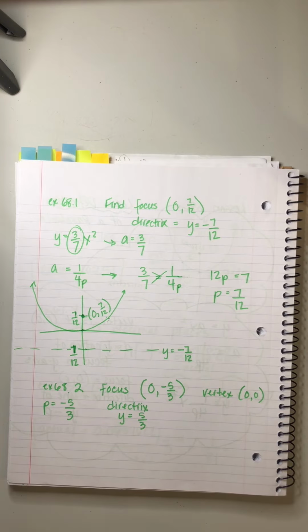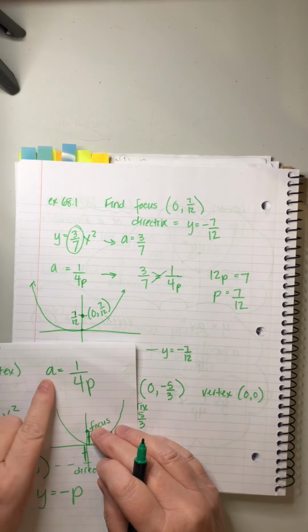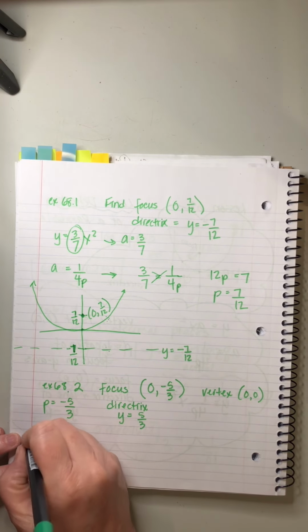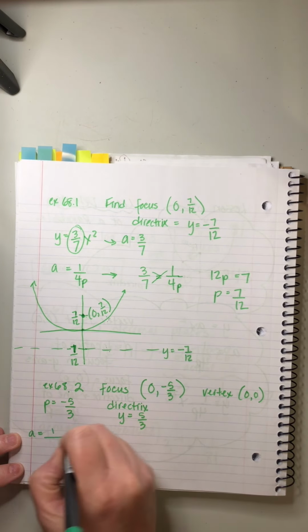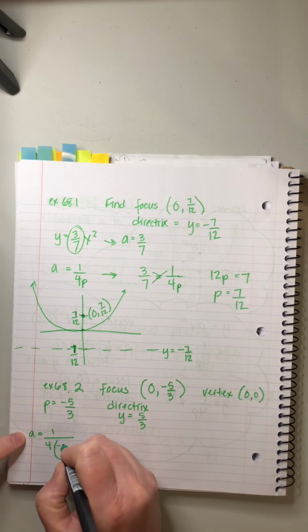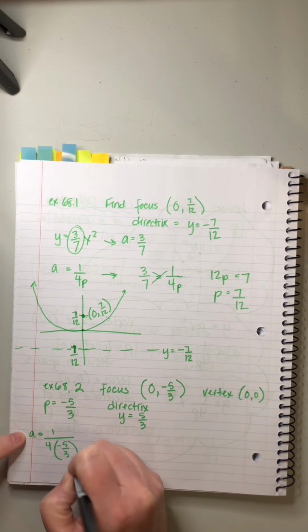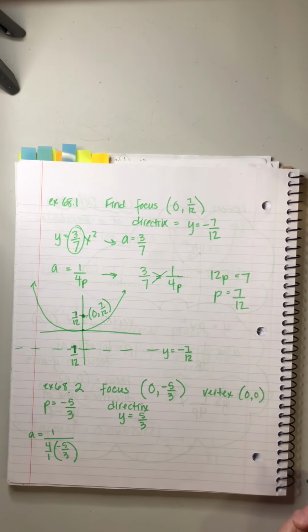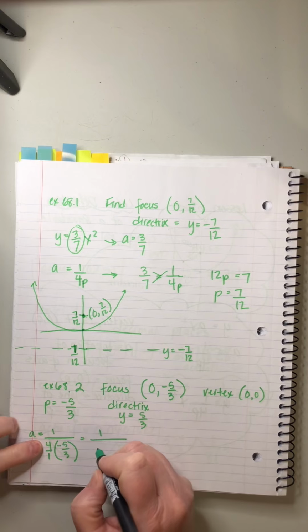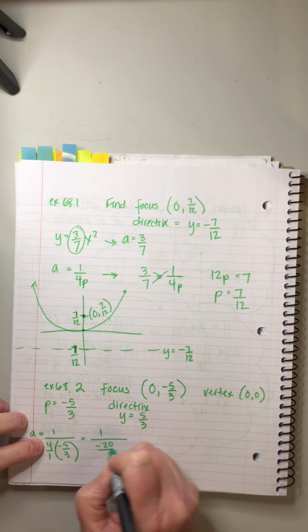In order to find the equation, we need to calculate a. a is equal to 1/4p. So a equals 1/4 times, and there's our p, -5/3. So now we have some complex fraction drama to sort out. It's 1 over -20/3.